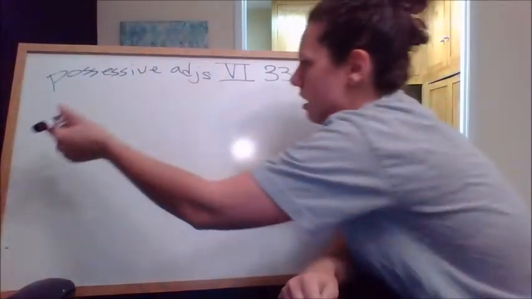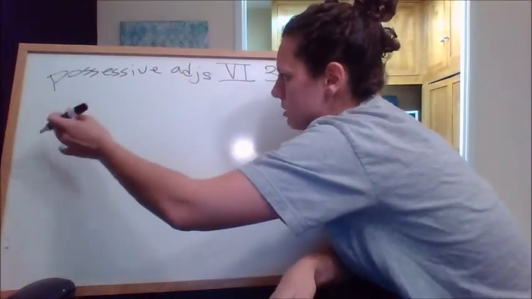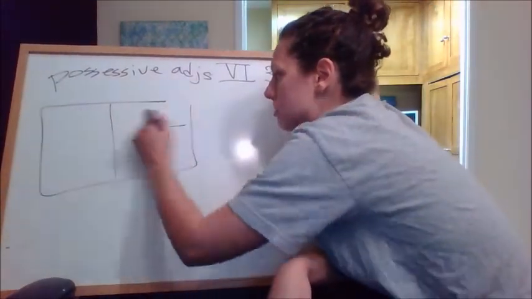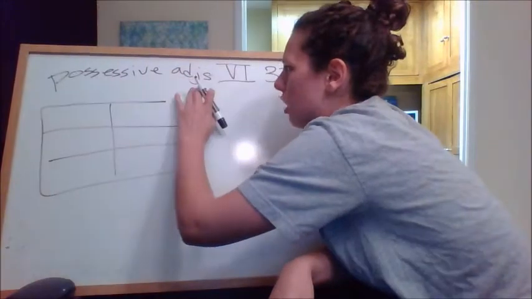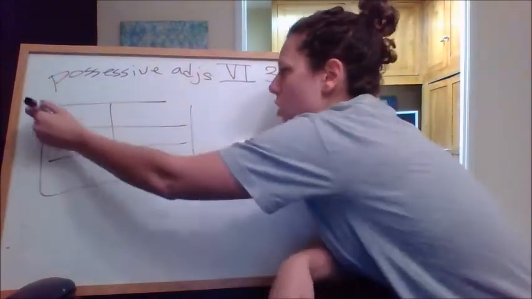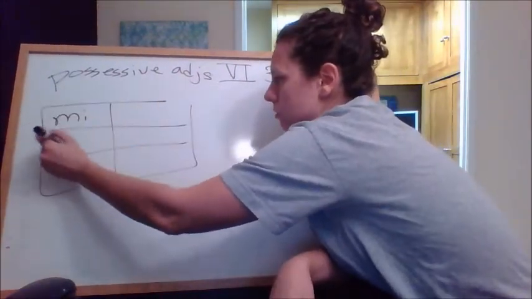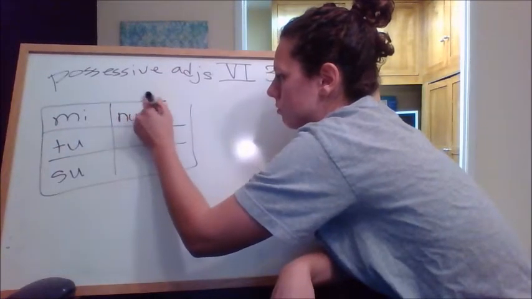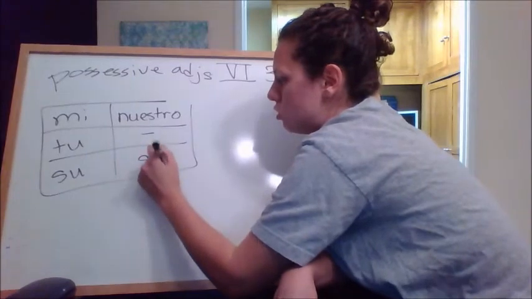And you remember that possessive adjectives, I call them possessive pronouns for a while, because they take the place of a noun, but they also describe, so they kind of are double duty. We had mi, tu, su, nuestro, and su.